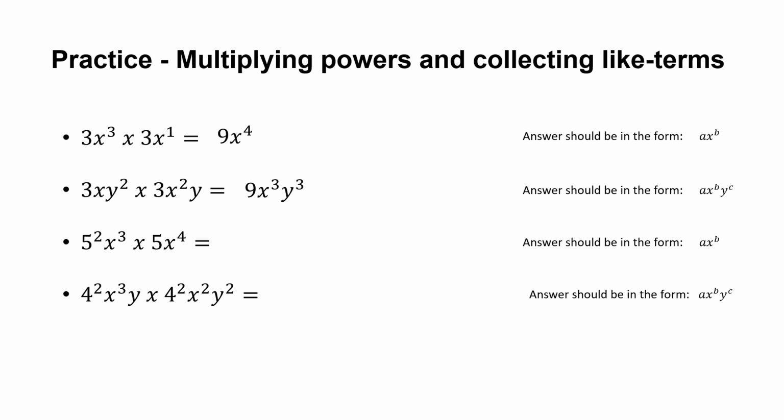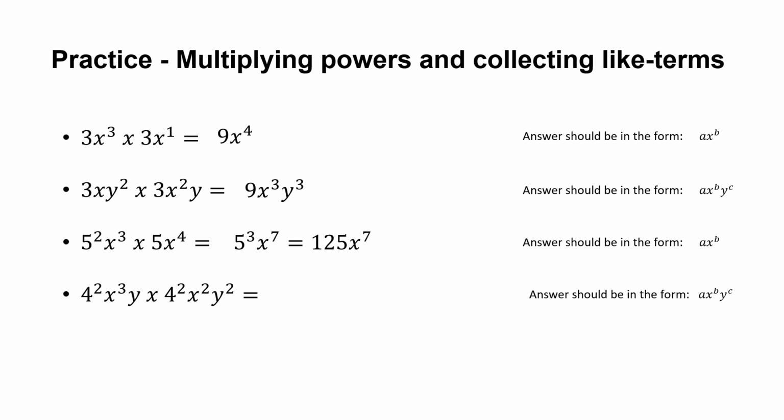Using the rules we've been using, this is equivalent on the left hand side to 5 squared times 5 to the power of 1, which, if we add the exponents, will be 5 to the power of 3. That's 125. Then our x terms, we have x cubed times x to the power of 4. We add the 3 and the 4 as the exponents, and we get x to the power of 7. So you should get 125 x to the power of 7 on this one.